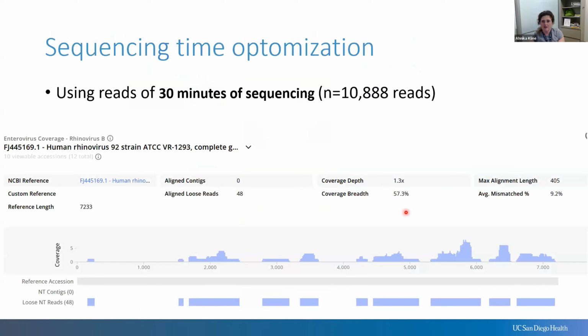So one of the things that's necessary is to think about the time that you actually allow the DNA to be on the sequencer. And so this is data from one of the specimens with rhinovirus that detected rhinovirus strain 92. Within 30 minutes of sequencing, there were 10,000 reads, and the coverage breadth was about 57%. Now, this is a virus that only has about 8,000 base pairs in its genome, so getting a coverage breadth of 57% may not be that hard in 30 minutes.